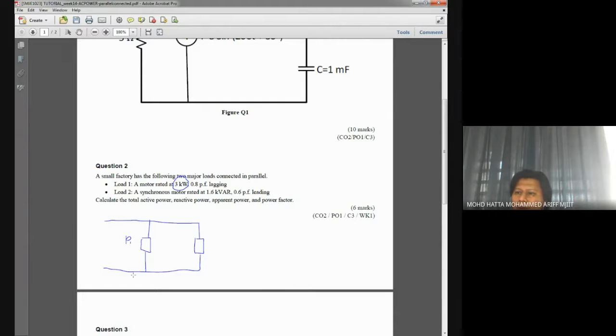And also we have power factor. And the second load, over here, we have synchronous motor rated at 1.6 kVAR. So this we will have Q, which is 1.6 kVAR.